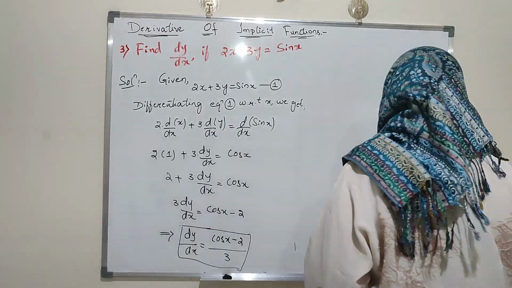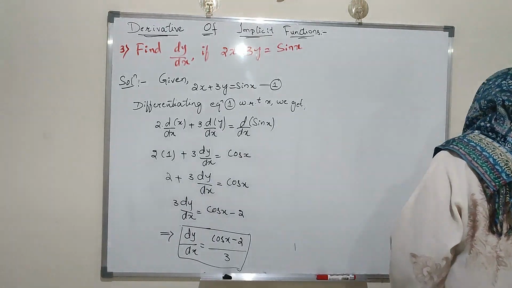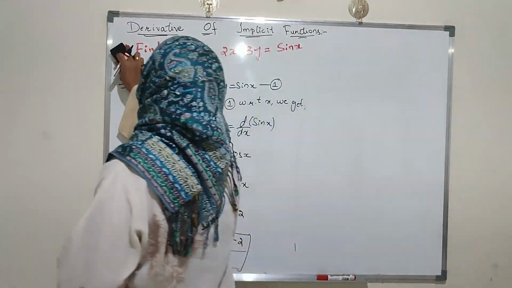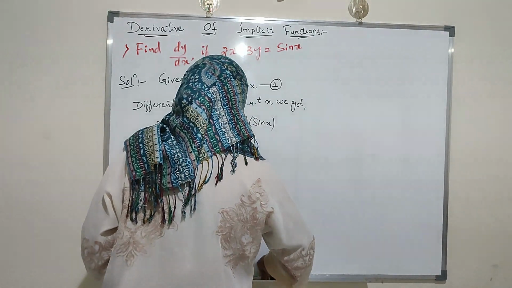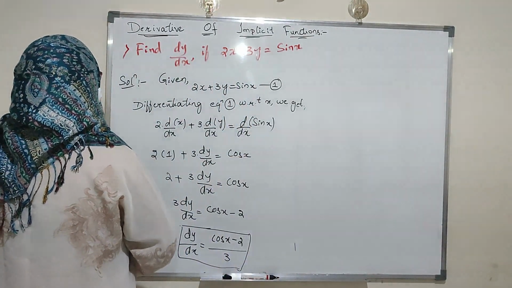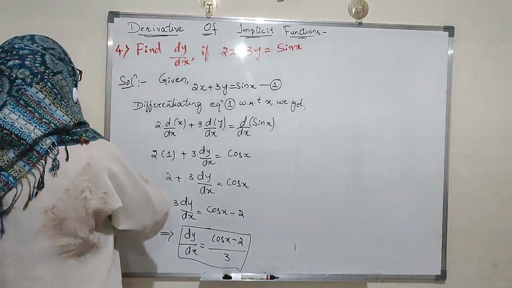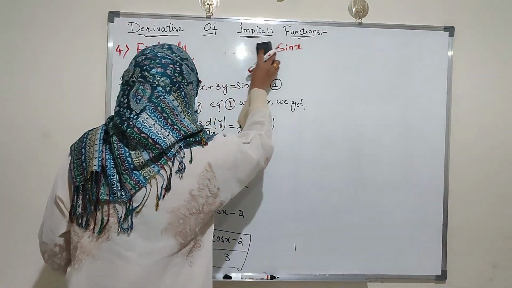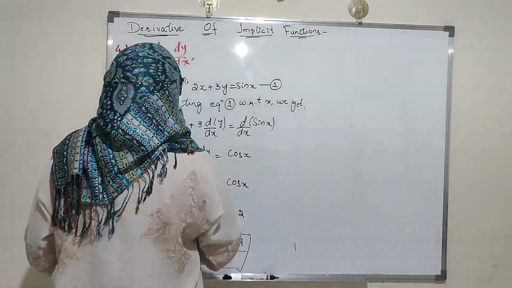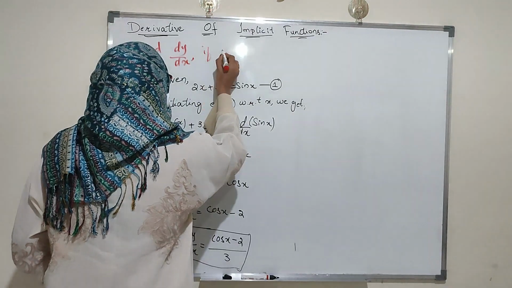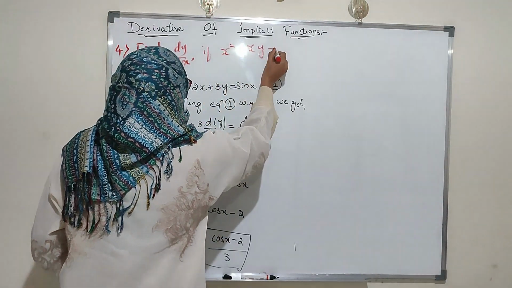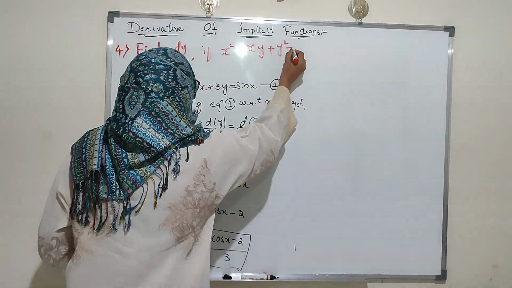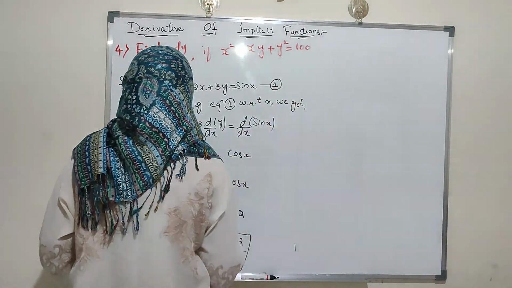Now take another example. Fourth example. Find dy by dx if x square plus xy plus y square is equal to 100.